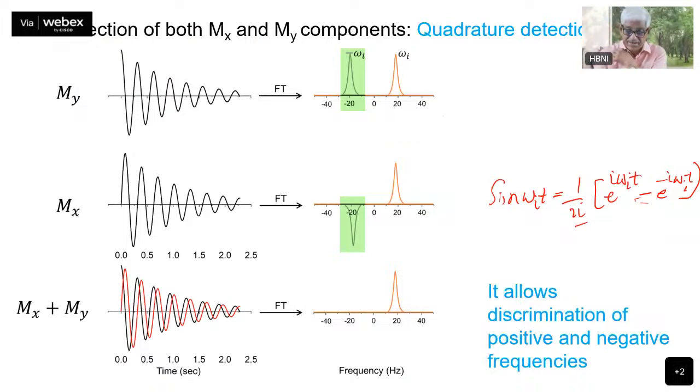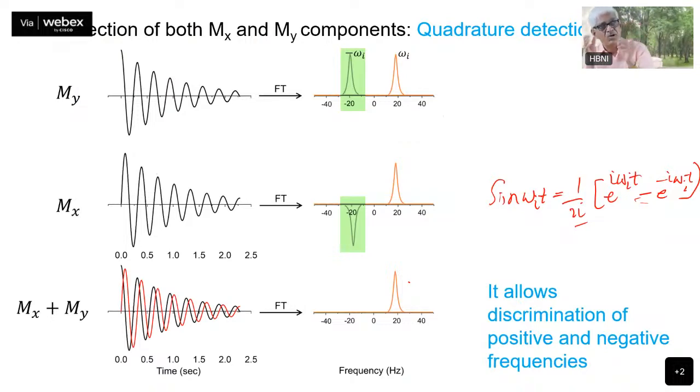So after that, you get two absorptive lines, but they have opposite signs. Now, if you combine these two, which means you collect both the X and the Y components of your signal, then you get only one frequency, and that is your actual frequency. This is called quadrature detection. In single channel detection, you get both the frequencies. Therefore, that will determine where you put your carrier frequency, because you don't want artifacts in the middle of the spectrum.